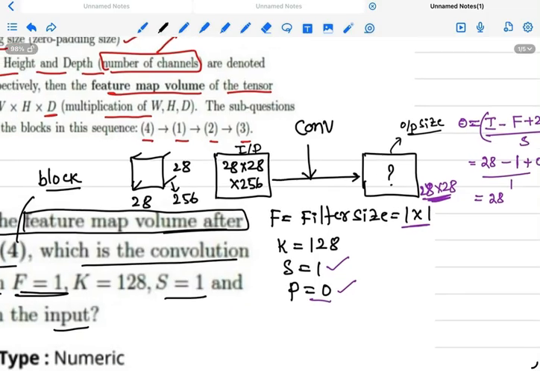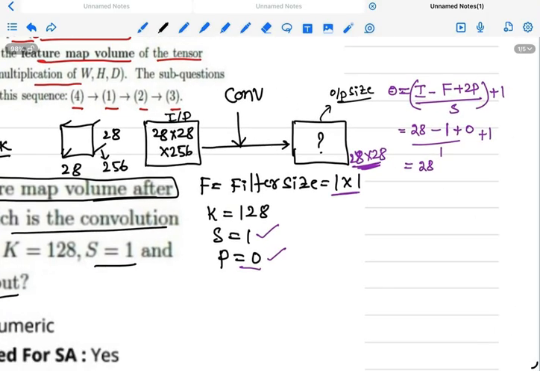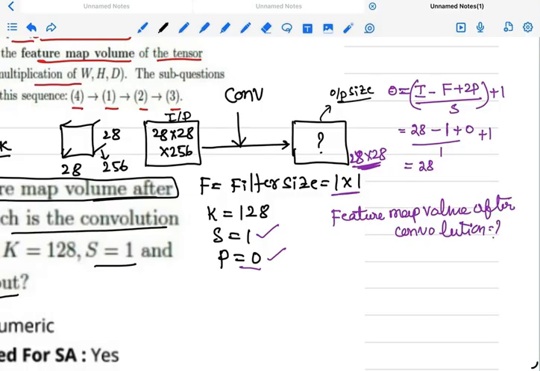And they are asking the feature map volume after convolution. How do you find it?